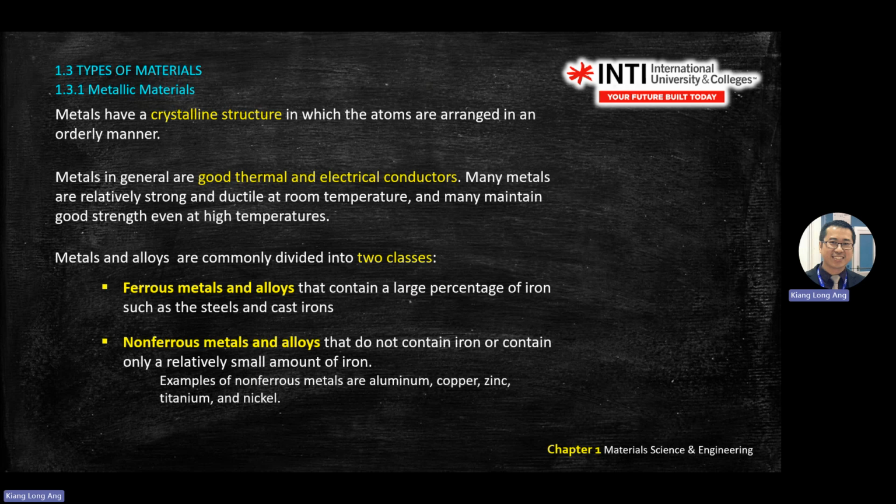For example, aluminum doesn't have Fe, so it is a non-ferrous material. These are the 2 big families inside metallic alloys. Copper, zinc, and nickel are also non-ferrous. Nickel is important in a later chapter.